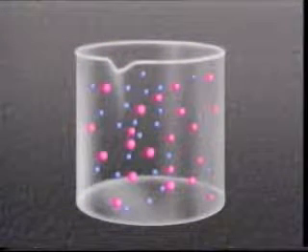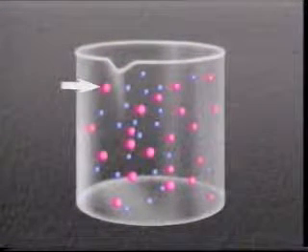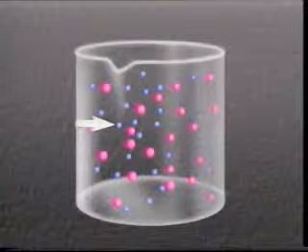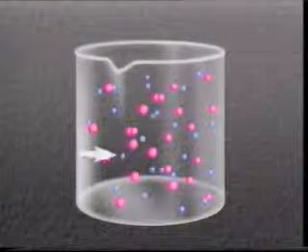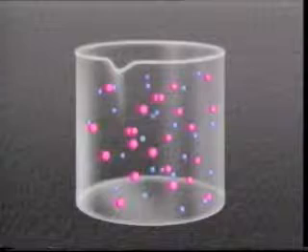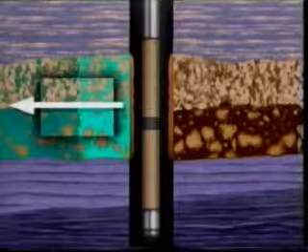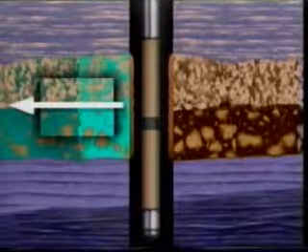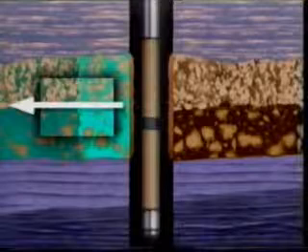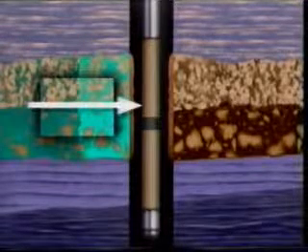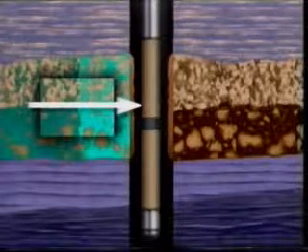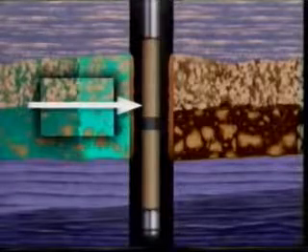In the case of solutions saturated with sodium chloride, the negative chlorine ions move at a faster rate than the positive sodium ions because of their size difference. The ionic imbalance causes a current flow to develop. The potential is from the fresher mud filtrate to the more saline formation water, but could be reversed if the mud filtrate had higher concentrations than the formation water.